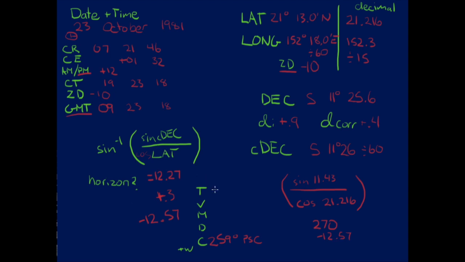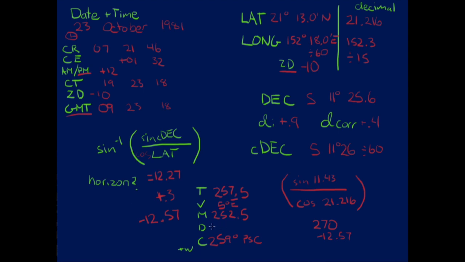Our true vector, when we're looking at the sun, should be 257.5. Variation 5 degrees east gives us a magnetic heading. The sun should appear to be 252.5, but it's actually 259 degrees.